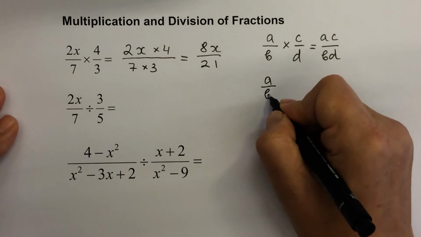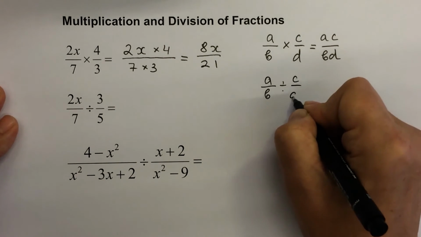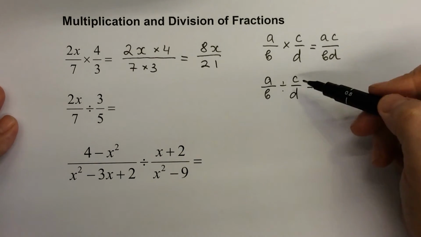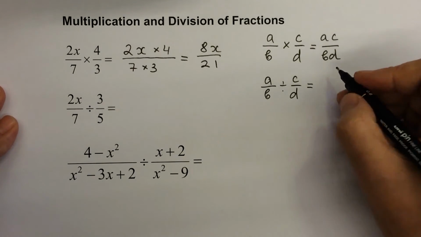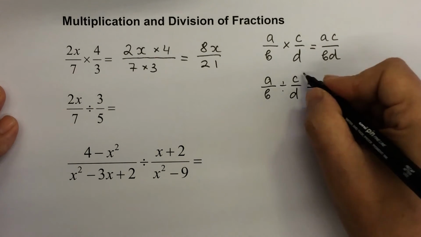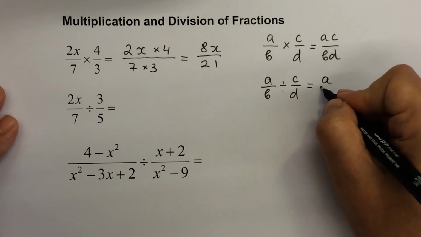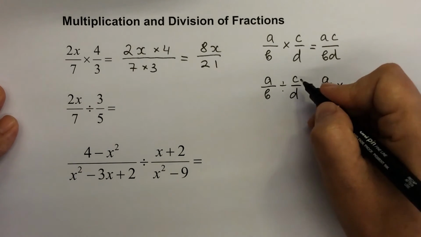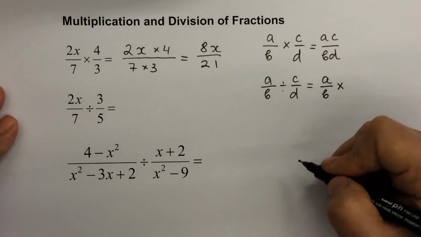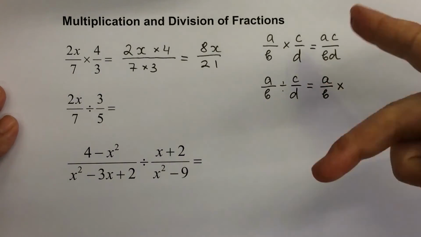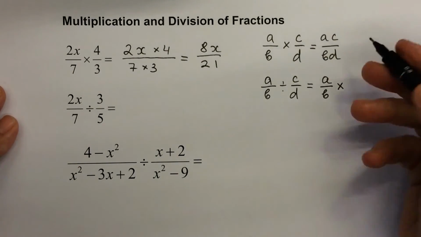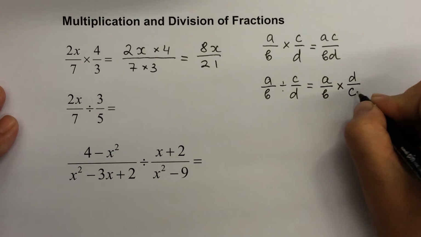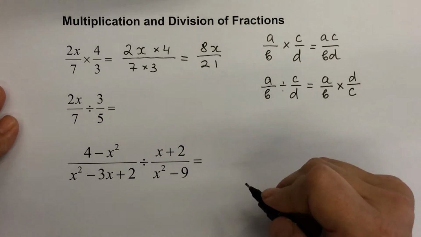So if we divide, first we reduce this case to multiplication of fractions. If we divide by c over d, that is equivalent to a over b multiplied by the reciprocal of that rational fraction, as sometimes you say, flip it over. So reciprocal is when you swap numerator and denominator. That would be d over c, and then proceed as usual.